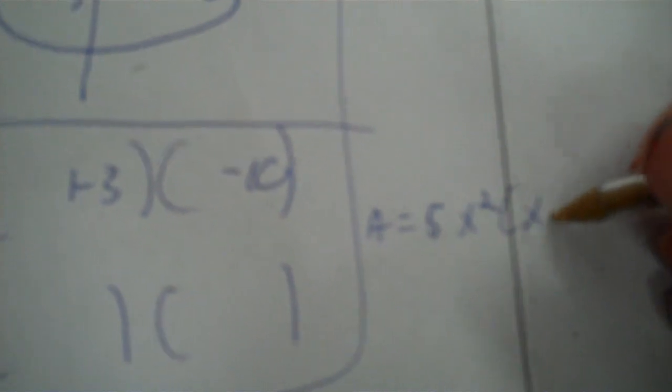So A is 5x. Oh shoot, put in the parentheses first. So you put in your mystery numbers. And now A equals your x second. There's the A, it's 5x second. So x second we write as x times x. And then you place a 5 in front of the x's. So now you divide this down.